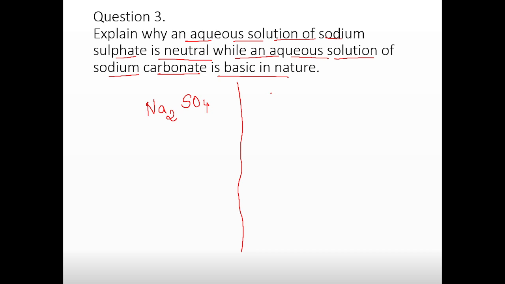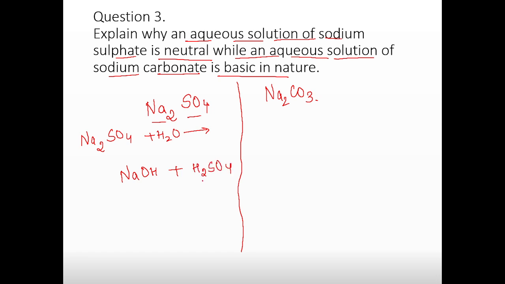Okay? So what you need to do is first understand what acid and base it is made from. To understand that, you just need to dissolve it in water. When you dissolve it in water, it gets ionized to NaOH and H2SO4.